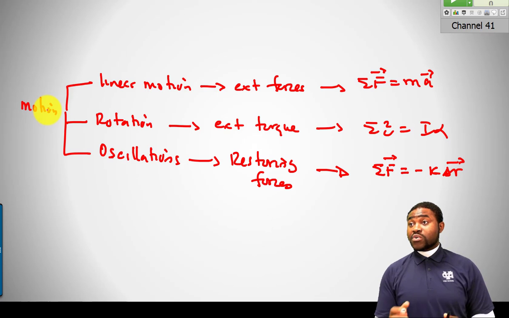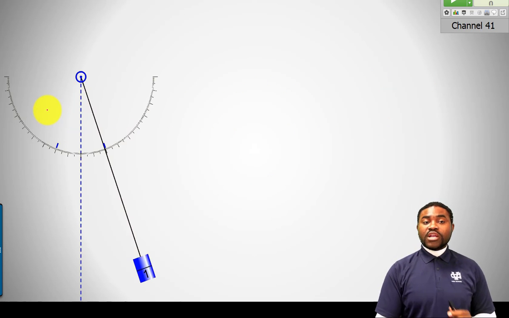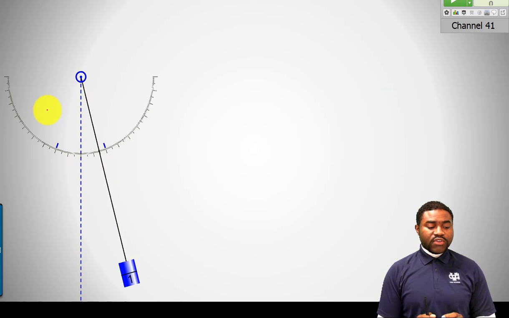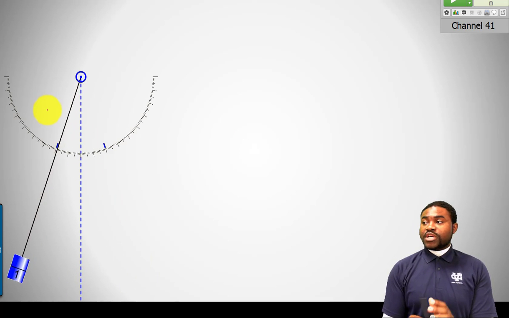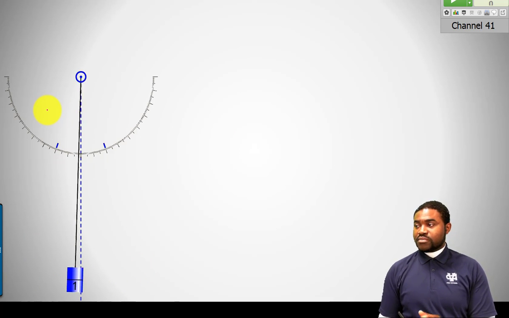What really is an equilibrium position? An equilibrium position is the position in which the system is undisturbed.